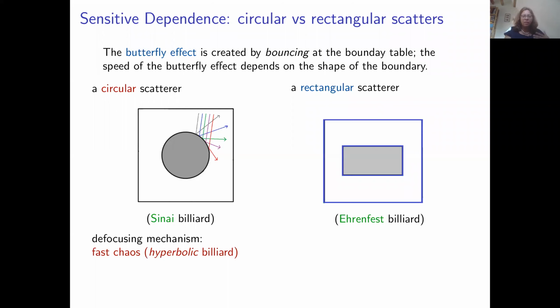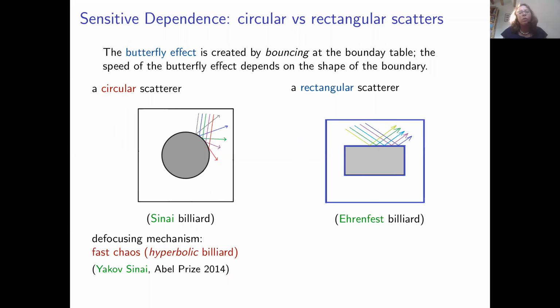And this defocusing mechanism is a key ingredient in the study of so-called hyperbolic billiards, of which the Sinai billiard is a key example. And this gives rise to fast chaos. Sinai also got the Nobel Prize for studying chaotic properties of this billiard.